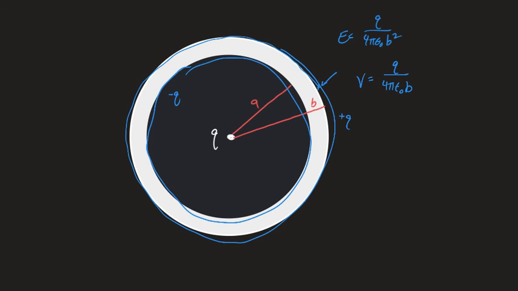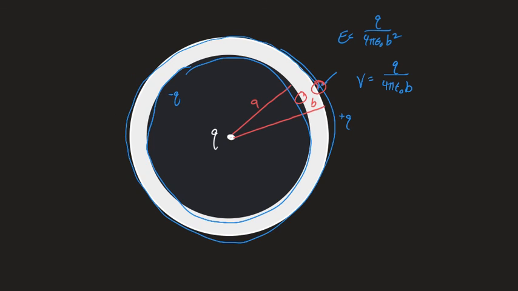Oh, sorry, just B. Because there's a pathway from infinity to that point right on the outer edge of the conductor. But it pauses. When I go into the conductor, there's no electric field, so it takes no work to go from this side of my conductor to this side of my conductor.